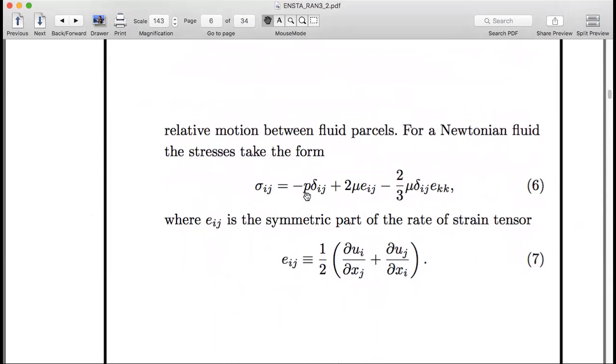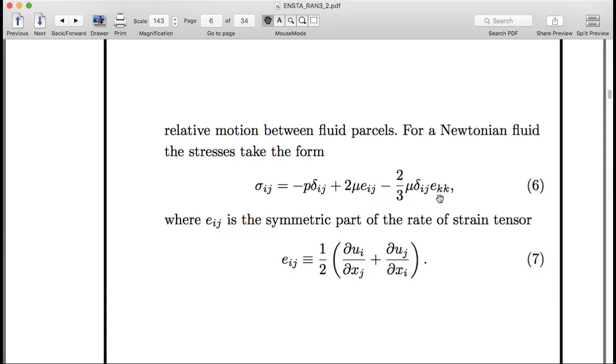So we have minus the pressure along the diagonal, plus 2 times some constant, the dynamic viscosity, times the symmetric part of the rate of strain tensor, which is quite a mouthful, but we can look up how to calculate it in any situation, plus or minus 2/3 the dynamic viscosity along the diagonal times E_kk, which corresponds to the divergence of the fluid velocity.